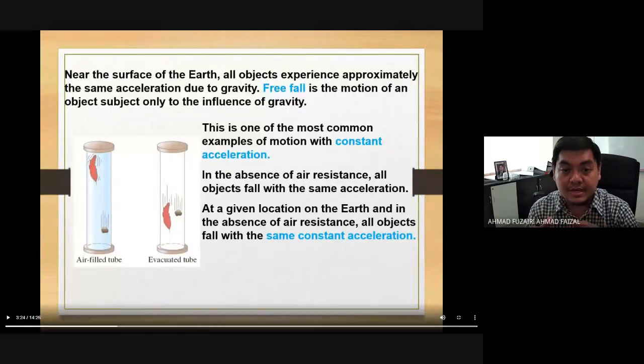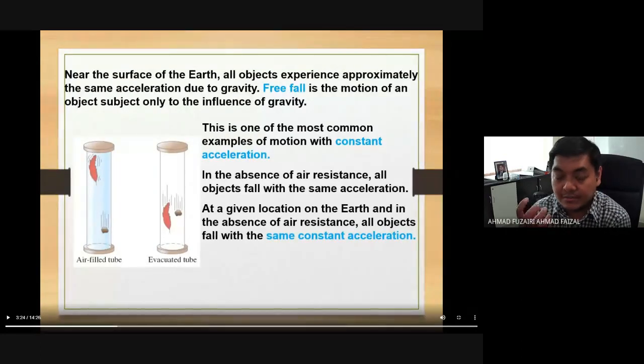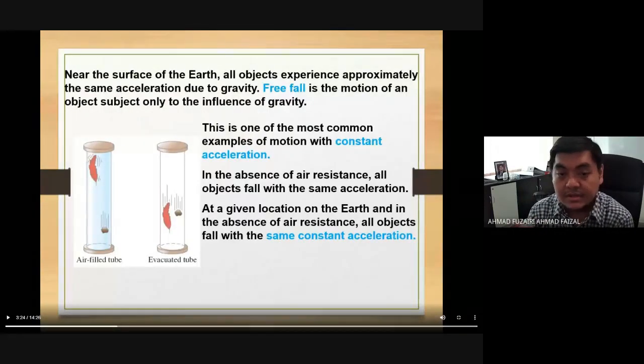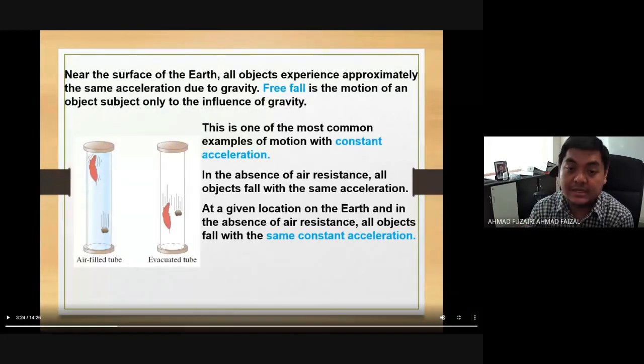So we can look at the feather and the rock, or the feather and other objects, and they fall at the same time, because there is no air resistance in the evacuated tube and the objects fall at the same acceleration. So when there is no air resistance, all objects, regardless of the surface area or the shapes, will fall at the same time.